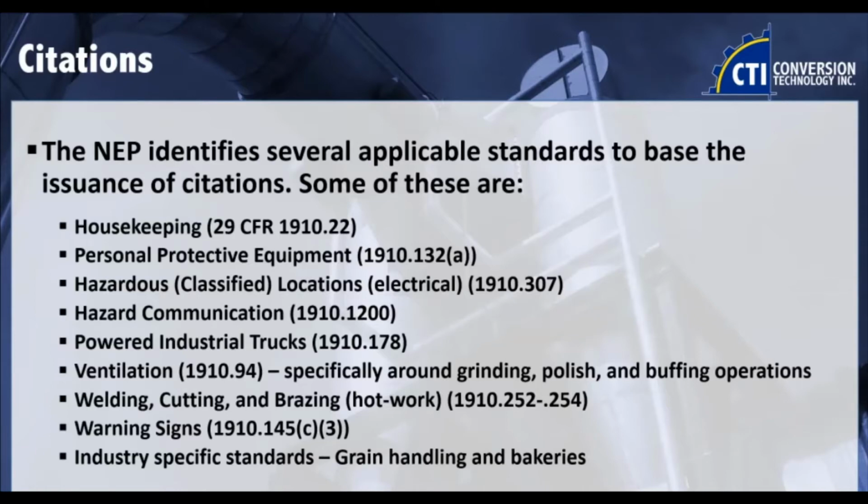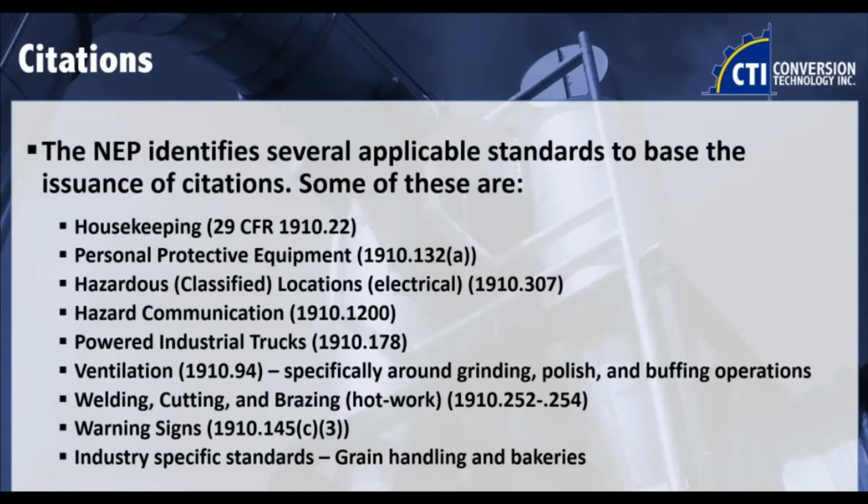PPE, kind of, sort of. I see that more really for the dissipation of static, like grounding straps or FR clothing for maintenance personnel. Hazardous locations, and that's going to be a lot of electrical, a lot of 1910.307, 1910.333. A lot of the electrical gets cited, as electrical is one of the bigger frequency of issues that pose potential ignition sources.